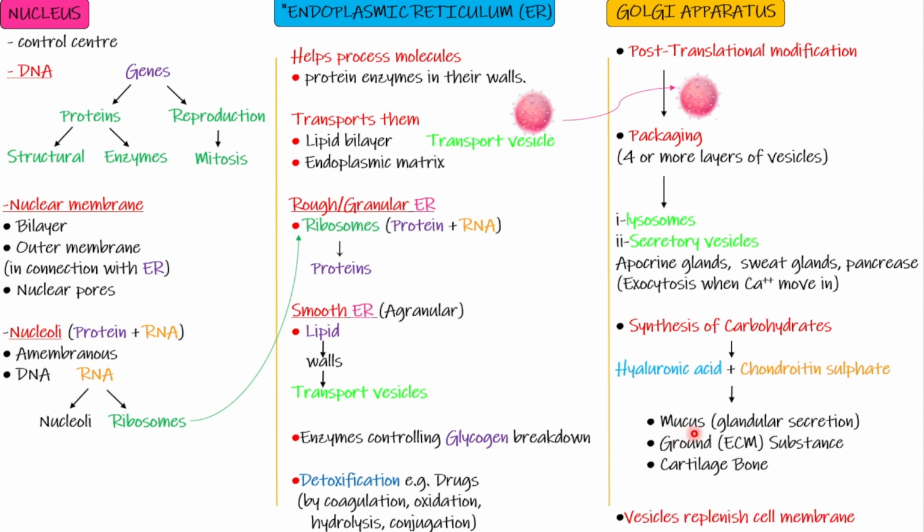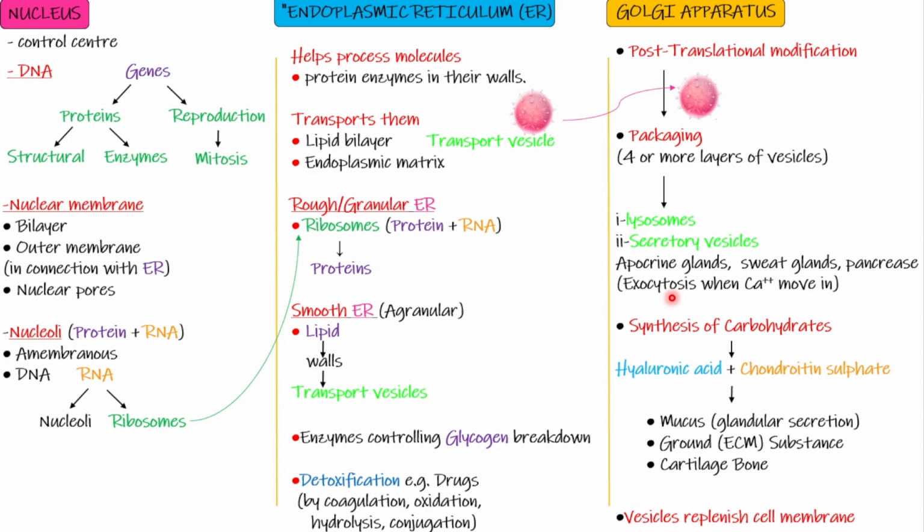The last function of the Golgi apparatus is that its vesicles replenish the cell membrane. When packaging is done and vesicles are released by the Golgi apparatus, these vesicles have to do exocytosis. When the vesicles do exocytosis, the vesicle does not completely move out of the cell.